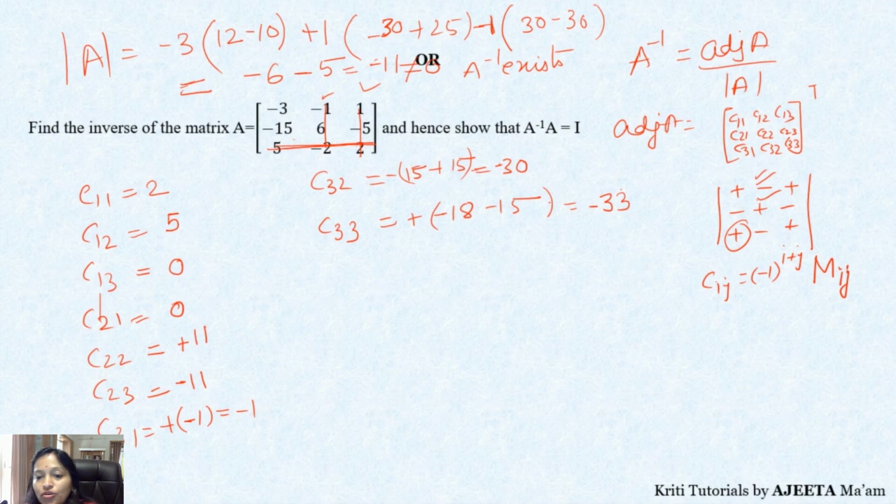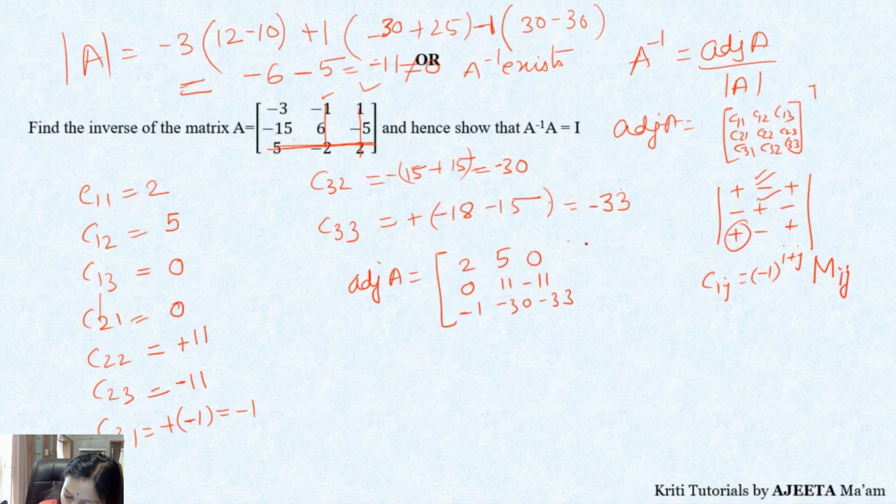Correct? Now let's move on to adjoint. So adjoint is transpose of the matrix of cofactors. So first let's write the cofactors. Right? Now let's make it.